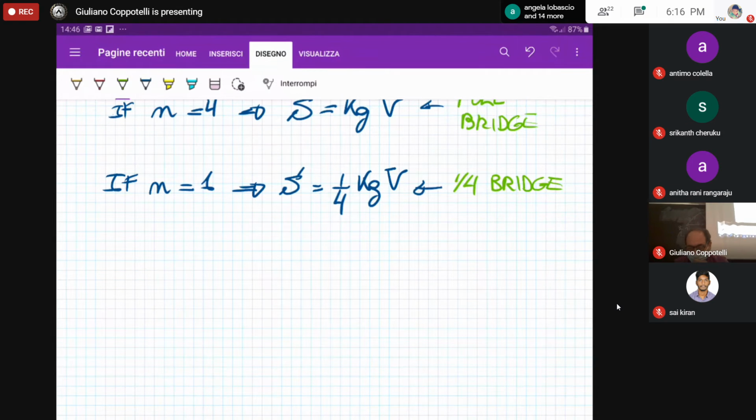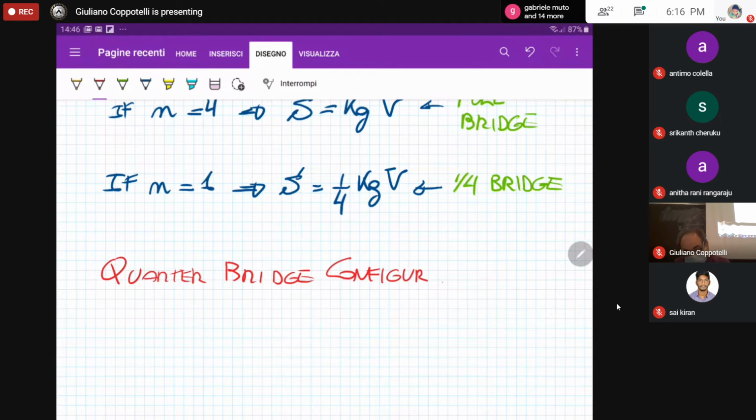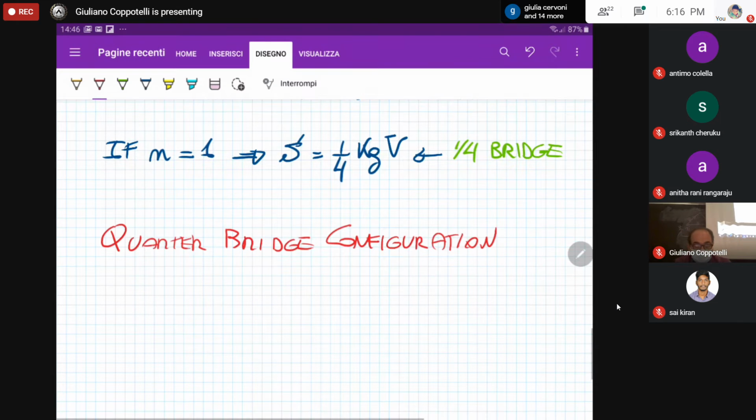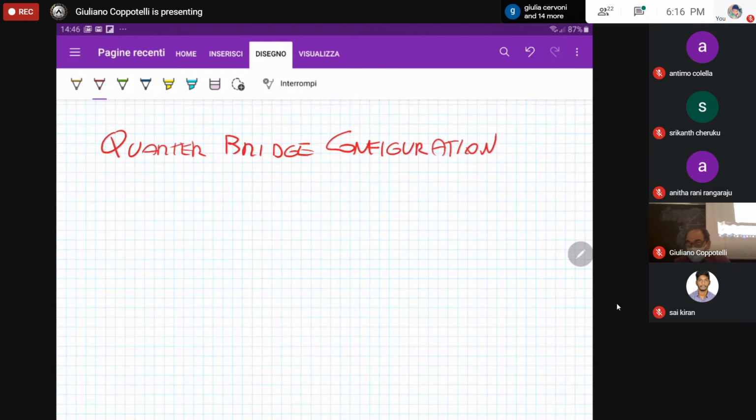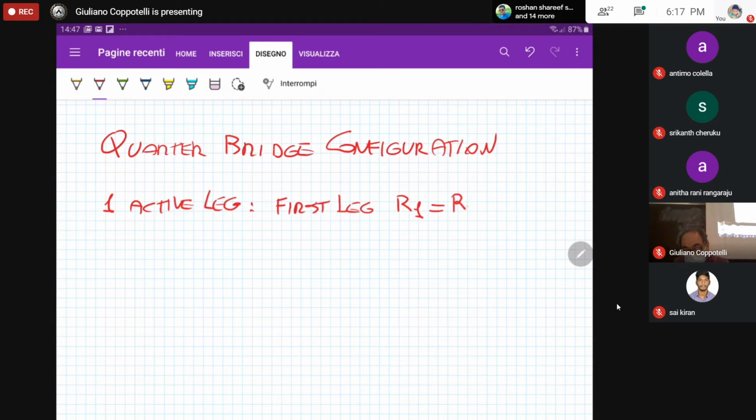Let's start with a quarter bridge configuration. We are having just one active leg, that is the first leg, for which R1 is equal to Rg.